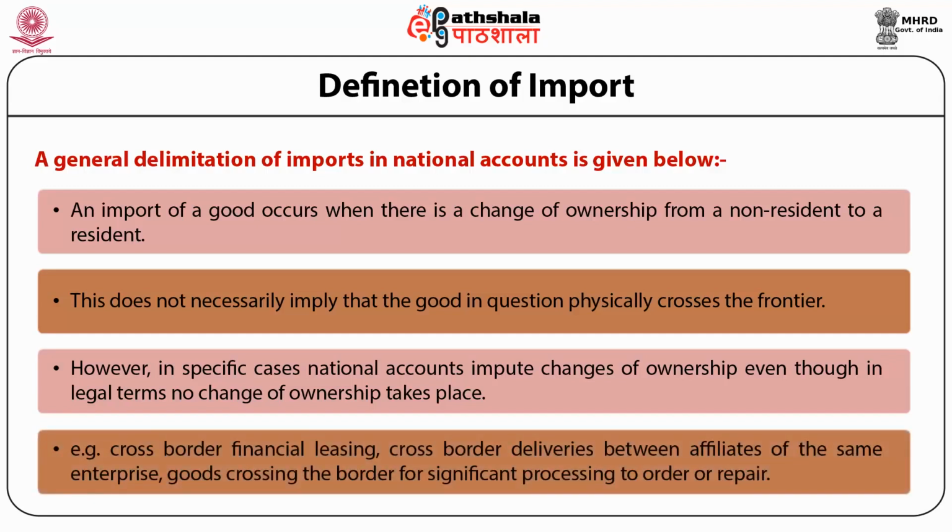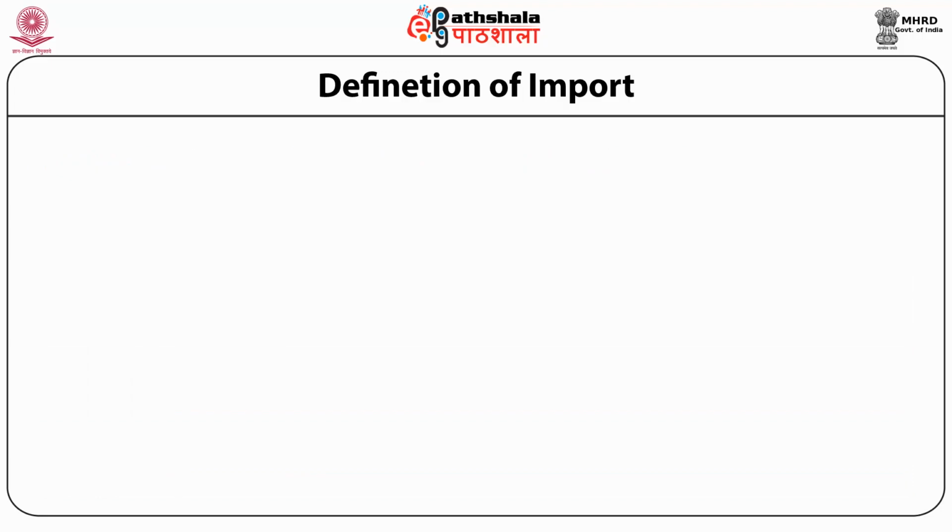For example, cross-border financial leasing and cross-border deliveries between affiliates of the same enterprise, goods crossing the border for significant processing to order or repair. Also, smuggled goods must be included in the import measurement.